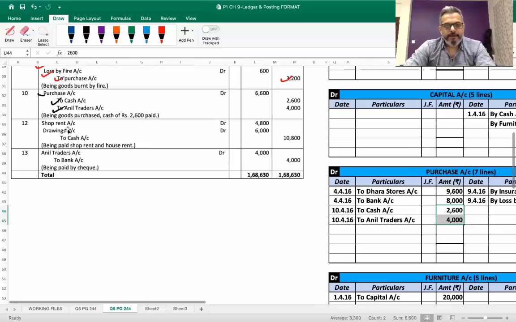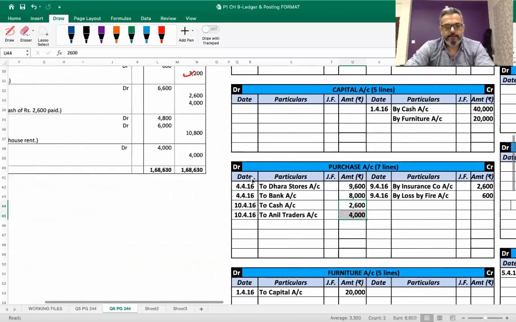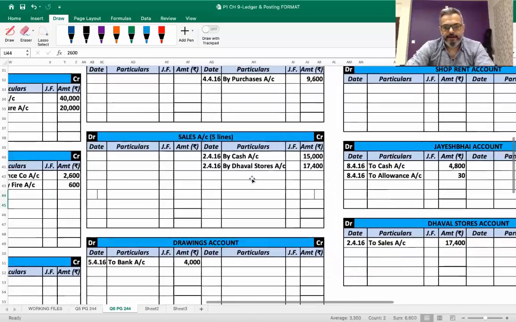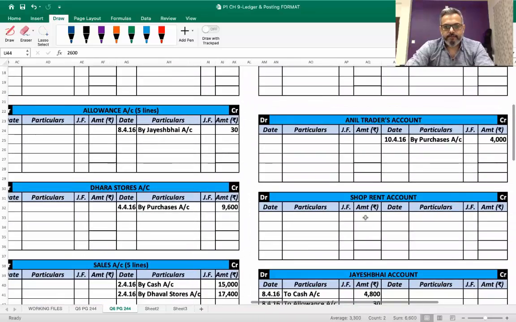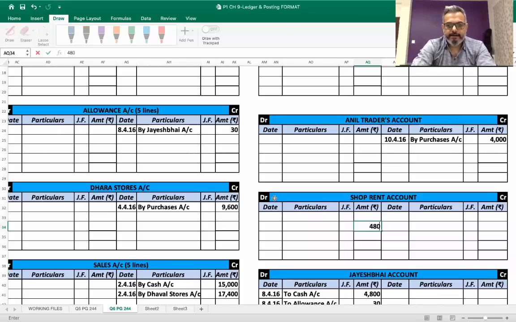Now, 12th one, shop rent account debit 4,800, drawings account debit 6,000, to cash 10,800. So let's go to shop rent account 12, 4,800 debit. Shop rent account debit side 4,800.